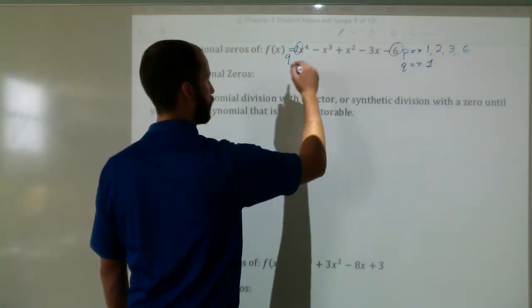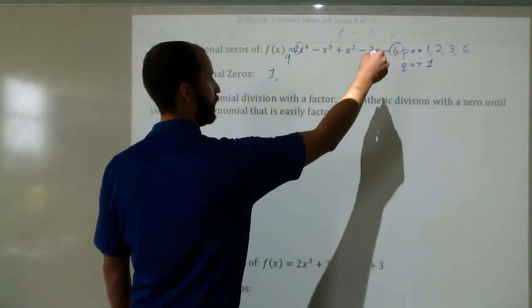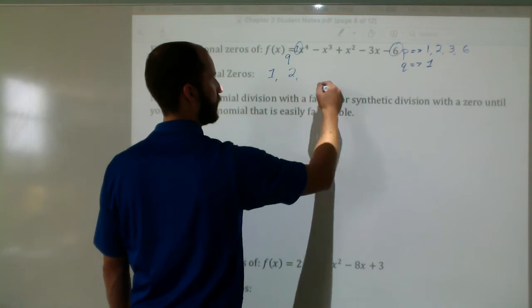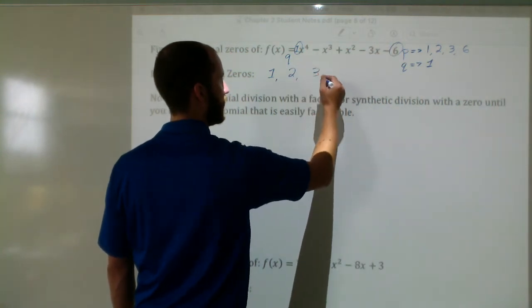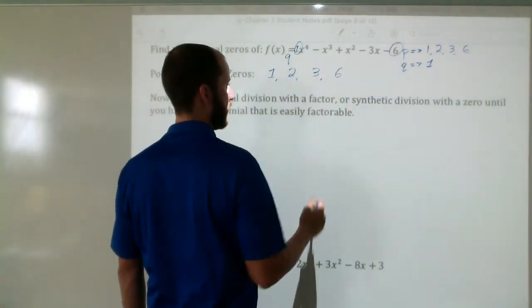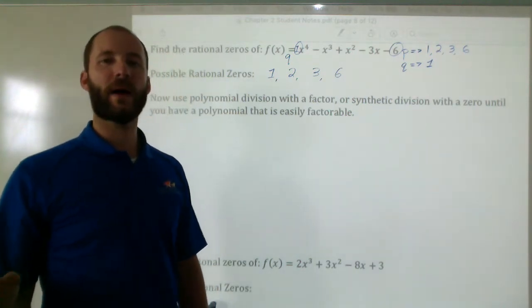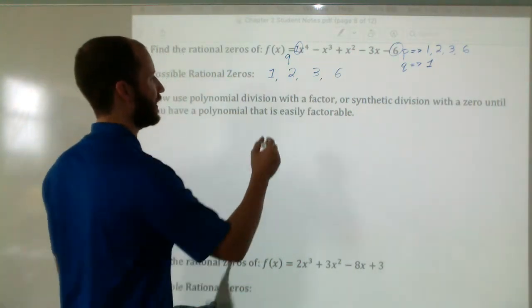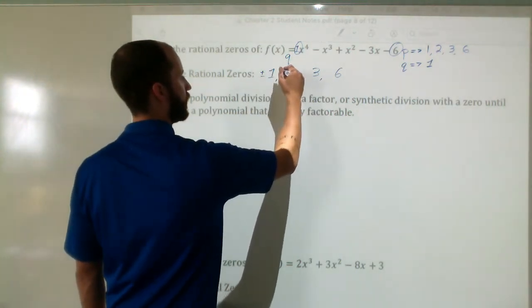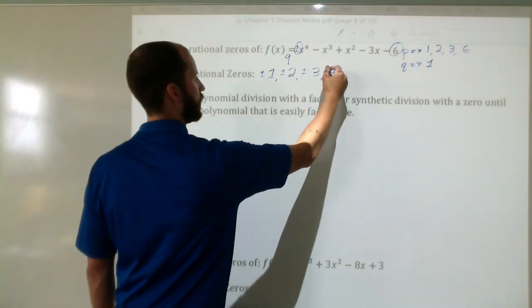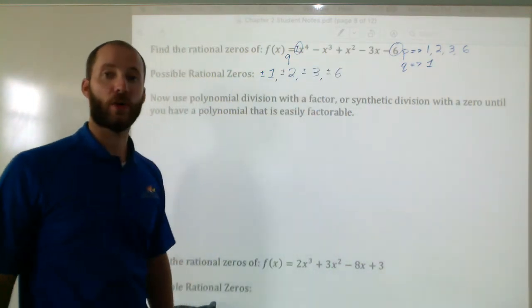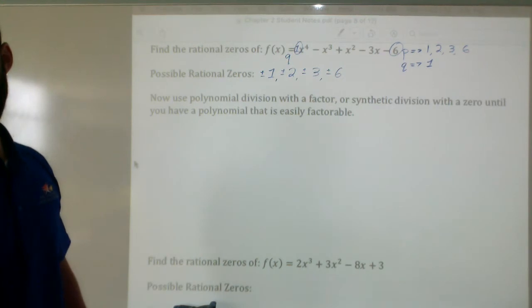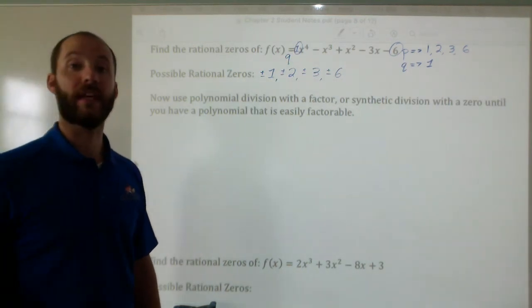So that'd be 1 over 1, which is 1, 2 over 1, which is 2, 3 over 1, which is 3, 6 over 1, which is 6. And then I said don't worry about whether it's positive or negative because you'll then go in and make them all positive and negative.